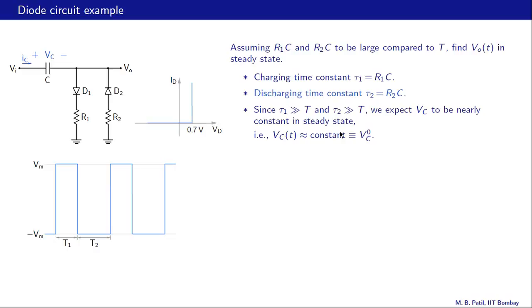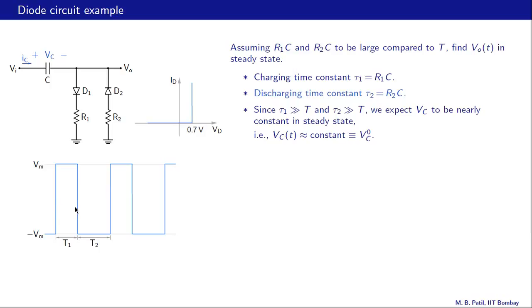And why is that? What is the meaning of tau1 much larger than T? So that means if the capacitor is charging, for example, that charging process is going to be very slow. So that means in this time the capacitor voltage will hardly change. It's going to charge so slowly that we will not even notice the difference in this interval.